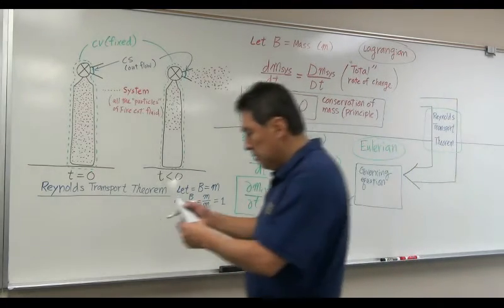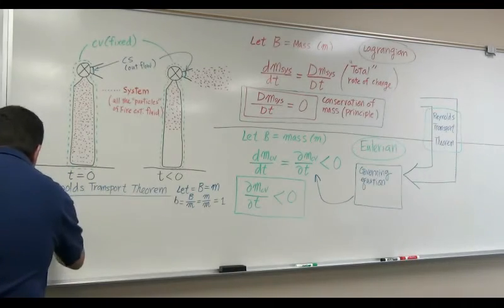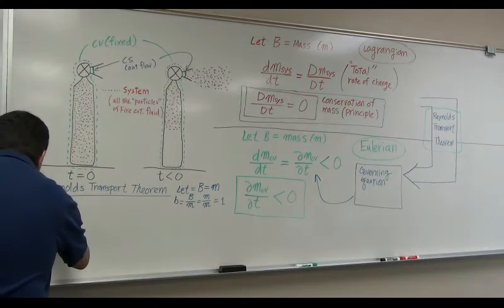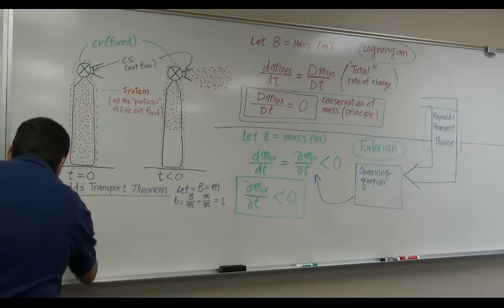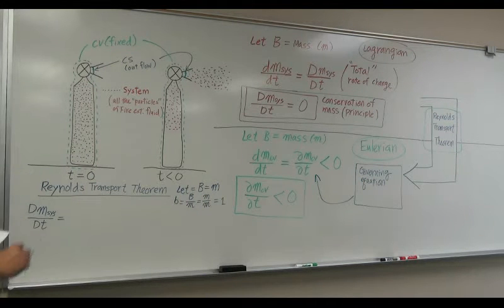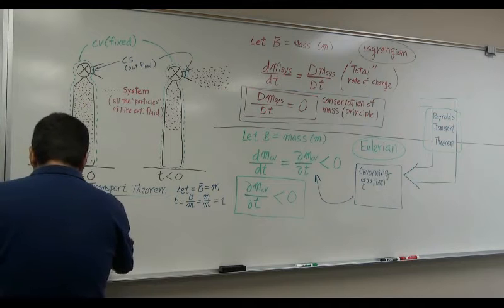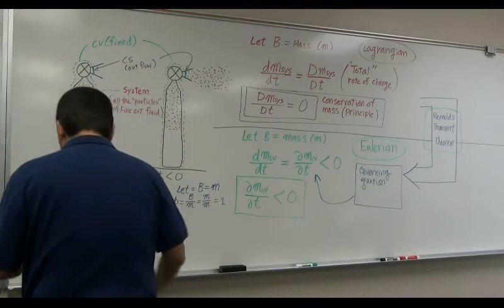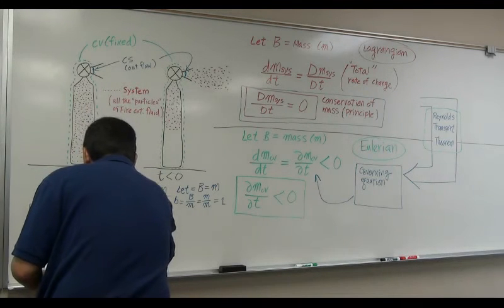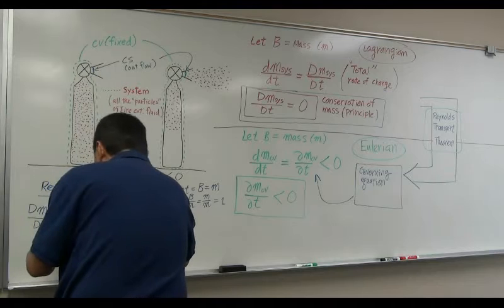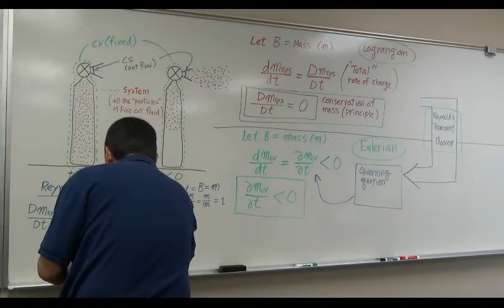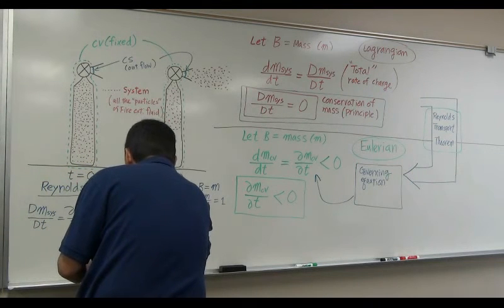So the Reynolds transport theorem is, remember, dm_sys/dt, this is the reference side, which is equal to dm_CV/dt plus m dot out minus m dot in.